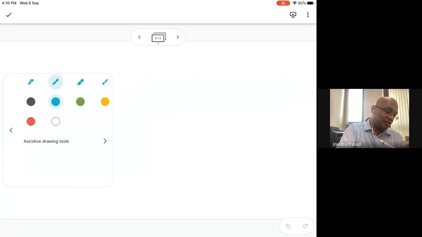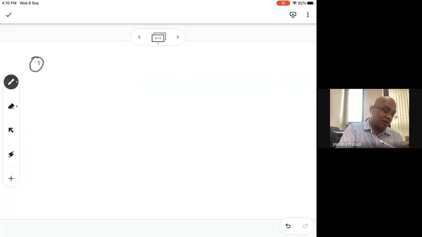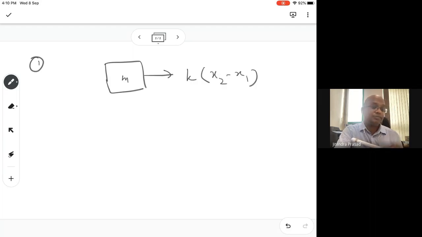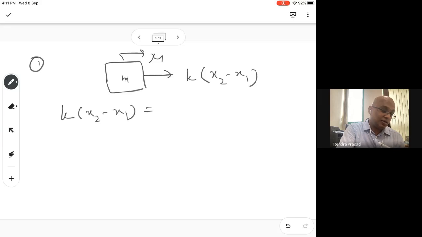Looking at the first one, we have M, and we have k(x2 minus x1), and this is x1. So the equation is k(x2 minus x1) equal to m x1 double dot. This is the first equation we get, or simply m x1 double dot plus k x1 minus k x2 is equal to 0.